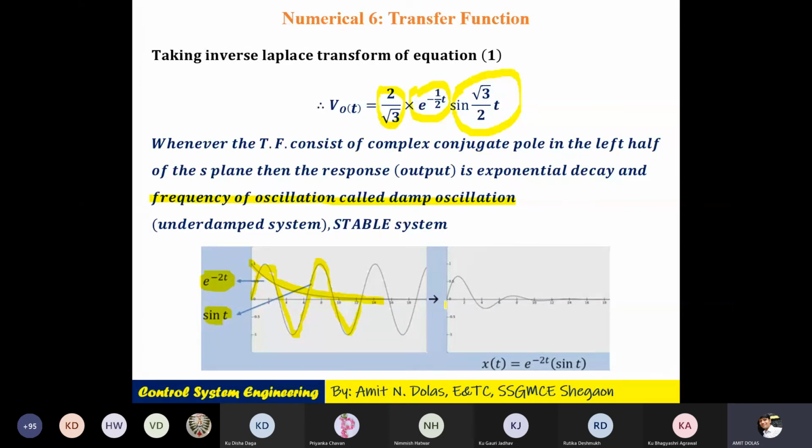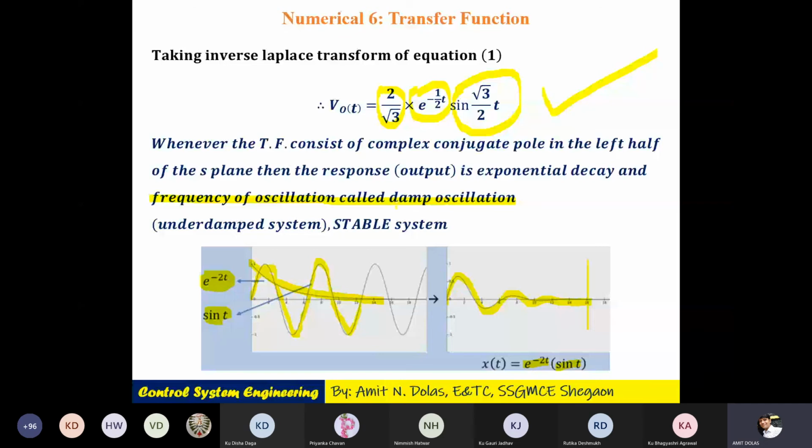If we multiply both, we will get the result equal to e raised to power minus 1 by 2t into sin root 3 by 2t. This is the result we get when both waveforms are multiplied. So finally, what will be the shape of the output? It will have large amplitude, then it will gradually reduce due to the exponential decay and become zero somewhere.